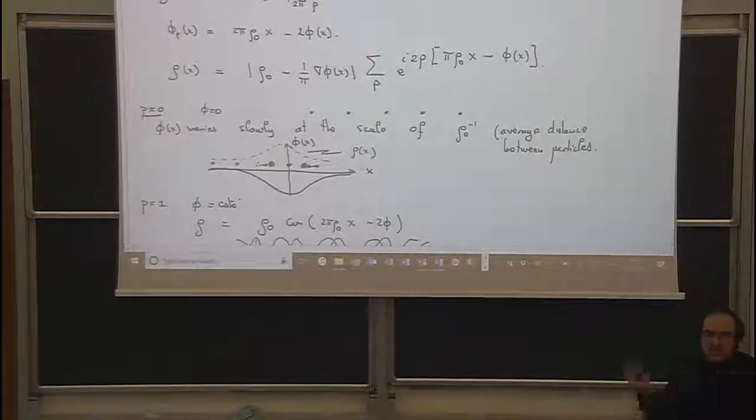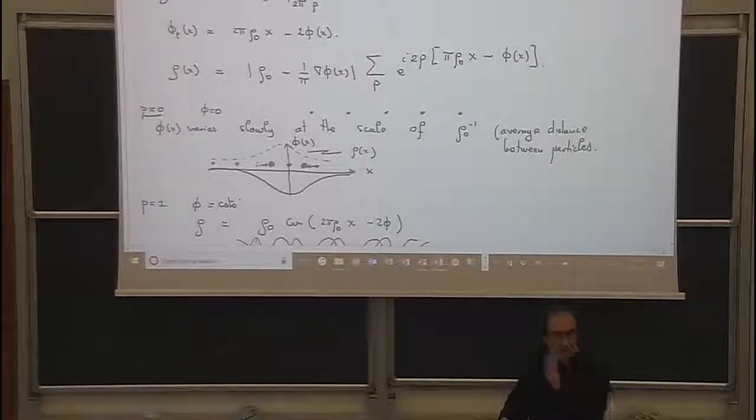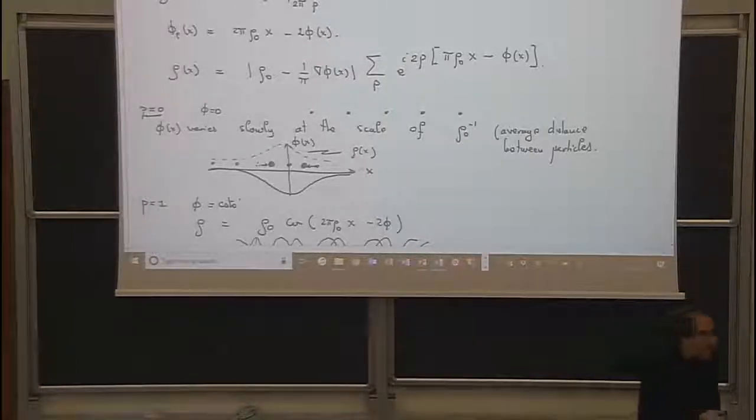If phi is equal to 0, all the particles are strictly periodic, and they are exactly at the position you would expect in a crystal. If phi deviates, then the particles will get closer or further apart, so you can really, up to a number, think that phi is just the displacement of the particle compared to their equilibrium position. So it's very similar to an elastic description of a solid.